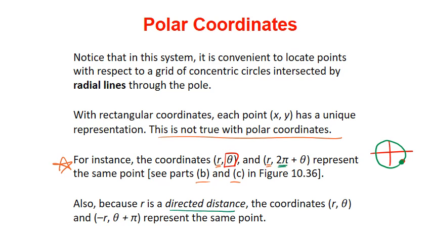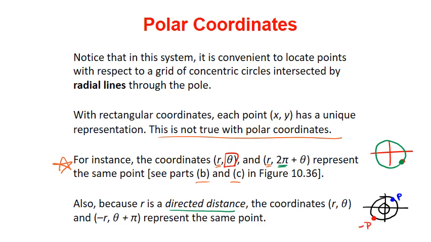Similarly, the directed distance can be represented a little differently as well. Take the following, for example. Let's say we are interested in this point here, and let's call this P. I can also take the opposite of P, which would be here.